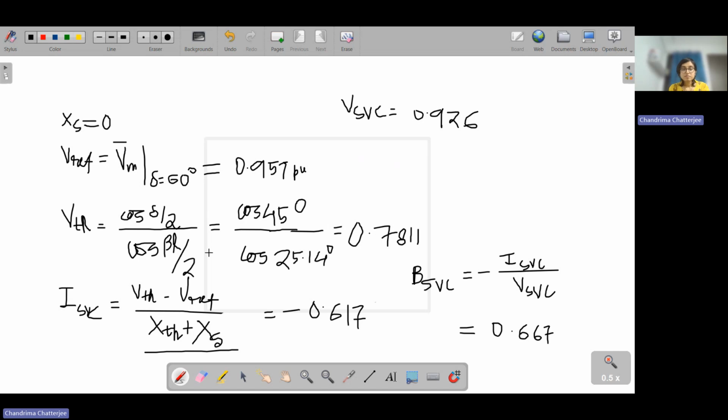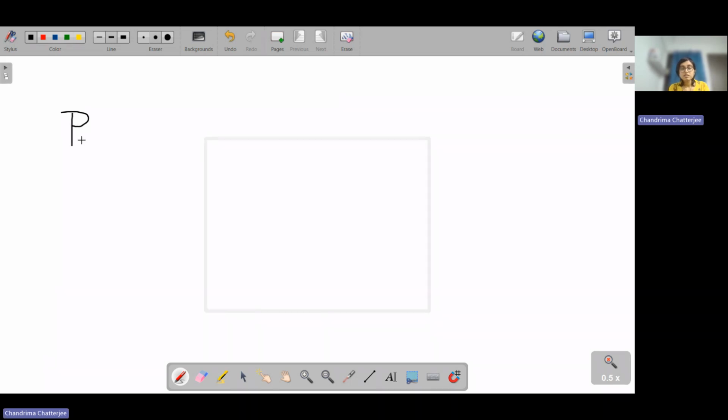So let's just solve this. We need to find out PSVC at delta equal to 90°, right?